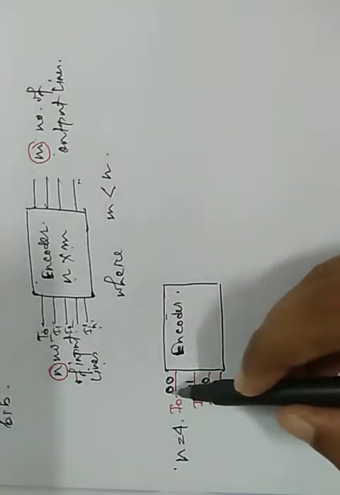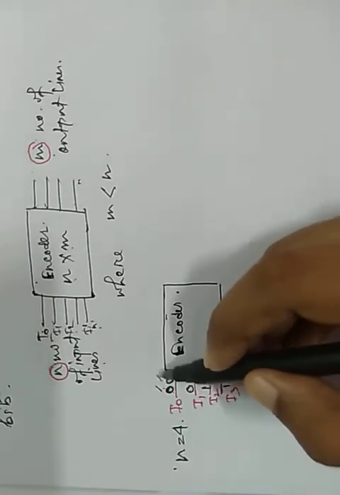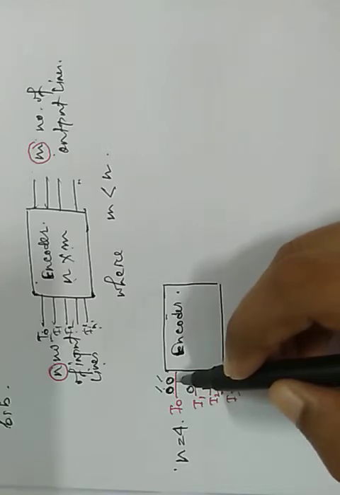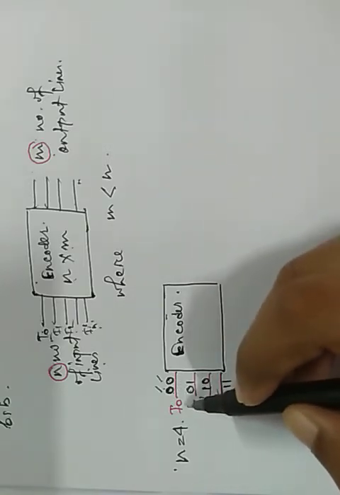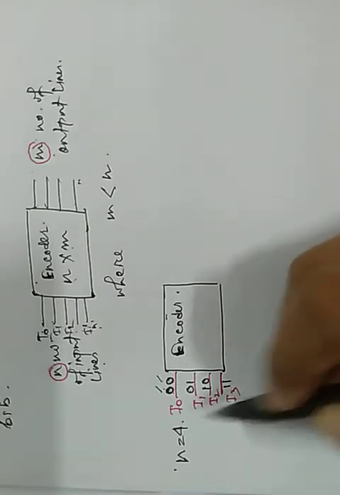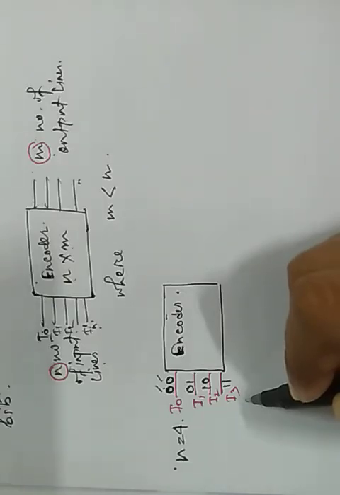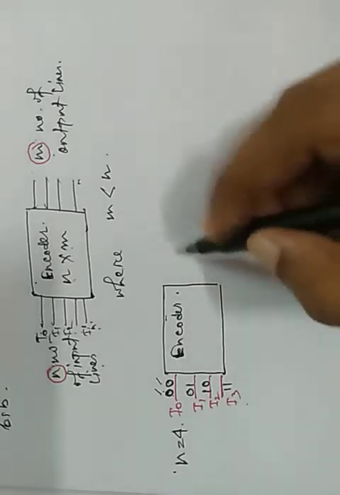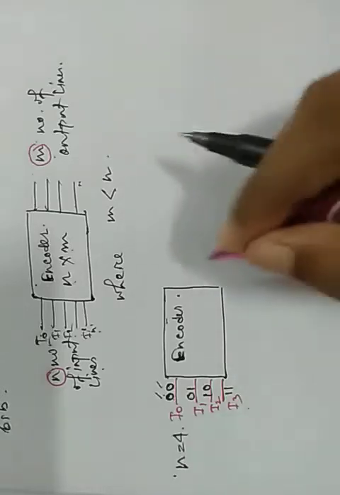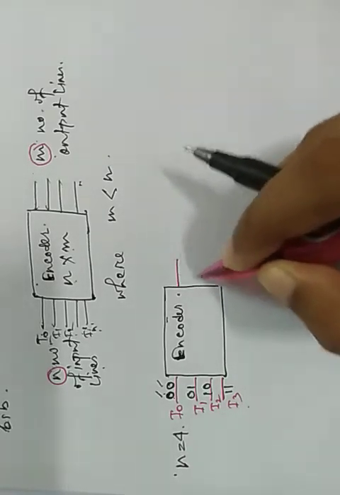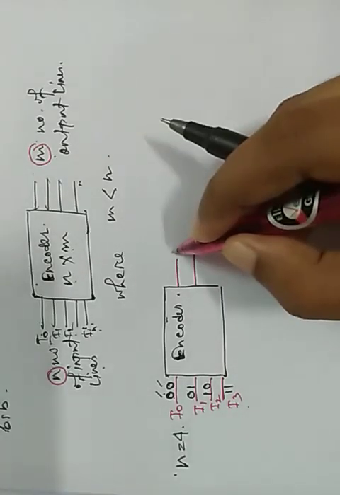That means a 2 bit number can represent 4 distinct input lines.